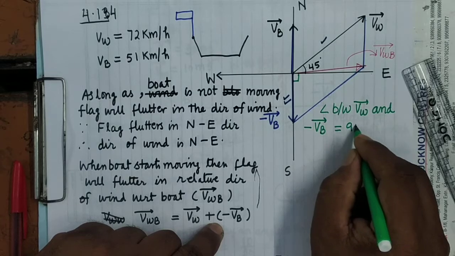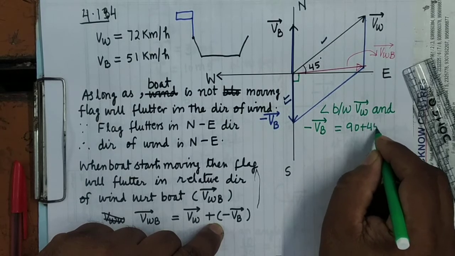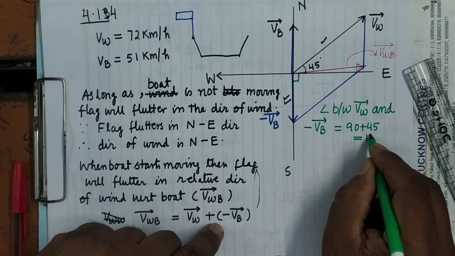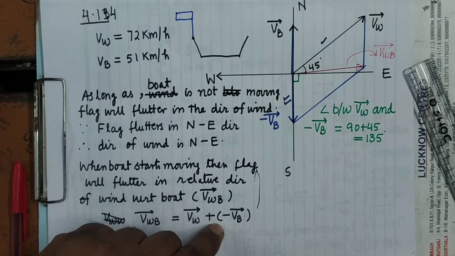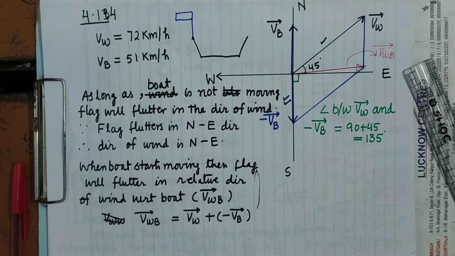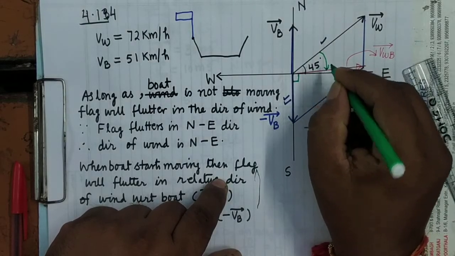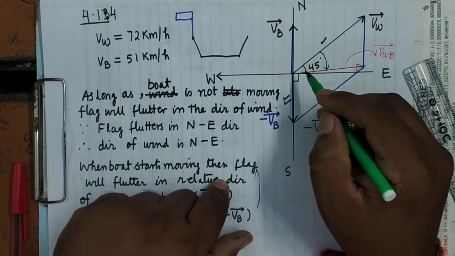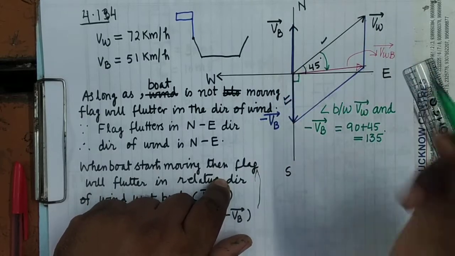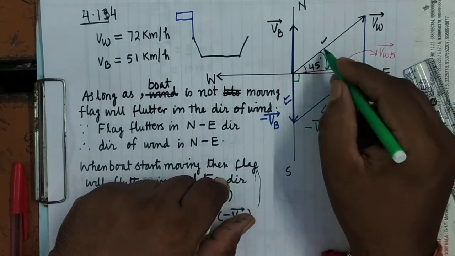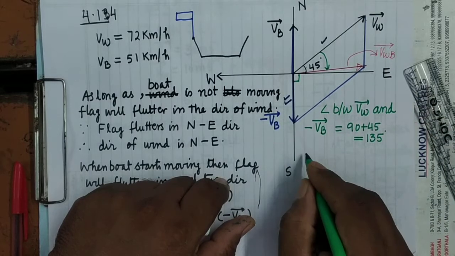So it is 90 plus 45 degree, that is equals to 135 degree. You have to find this angle because the two directions are given. Vector VW direction is given, vector VB direction is given. So you will take from here. So now you will apply this angle.